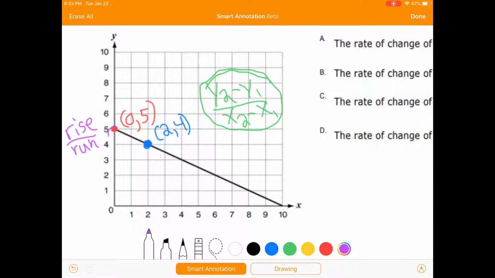We went down 1 unit. And because we went down, this is going to be represented by -1. So our slope is going to have a -1 in the numerator. Then we went over to the right 1, 2. So because we went over to the right 2, we have +2. So our bottom or our run is going to be +2.